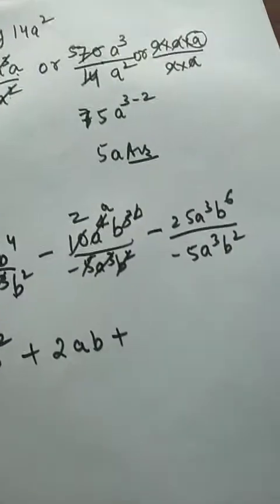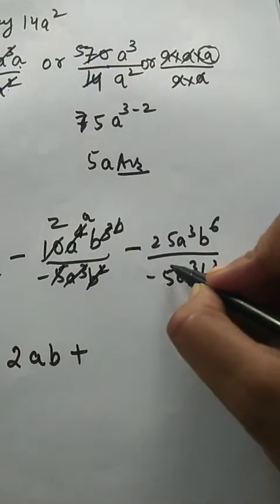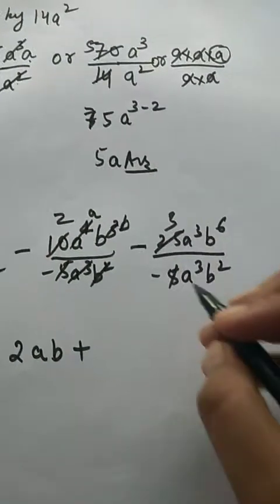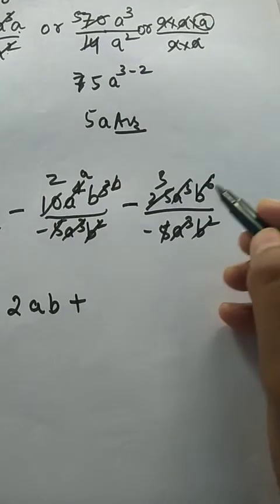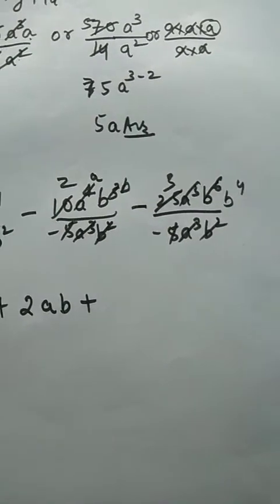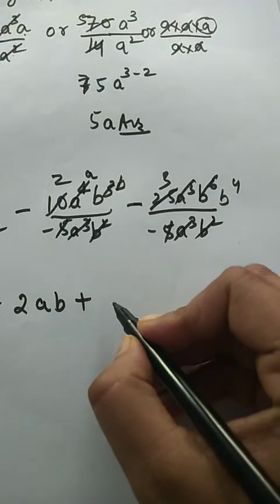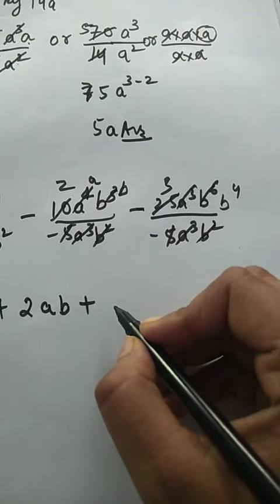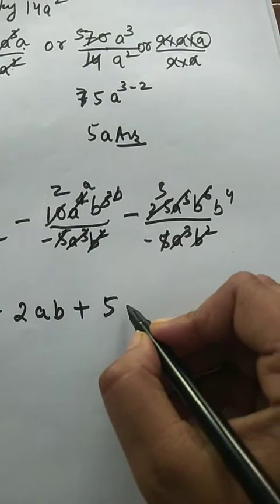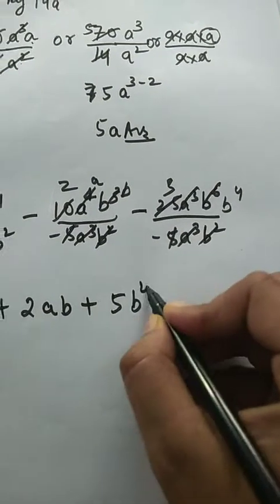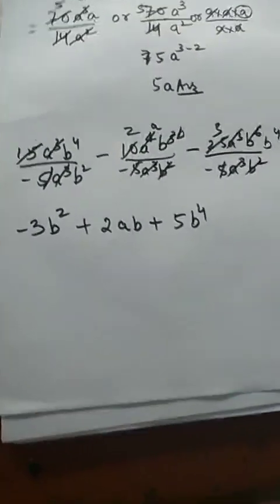Again minus minus will be plus. 5 ones are 5, 5 threes are 15. This will be cancelled. Here b power 4 will be left, so it will be 5 b power 4. This is our final answer.